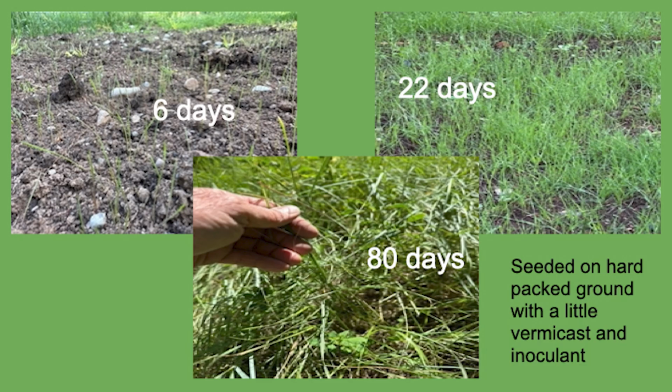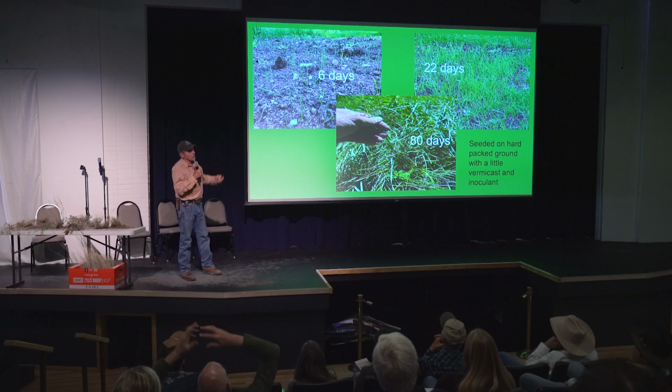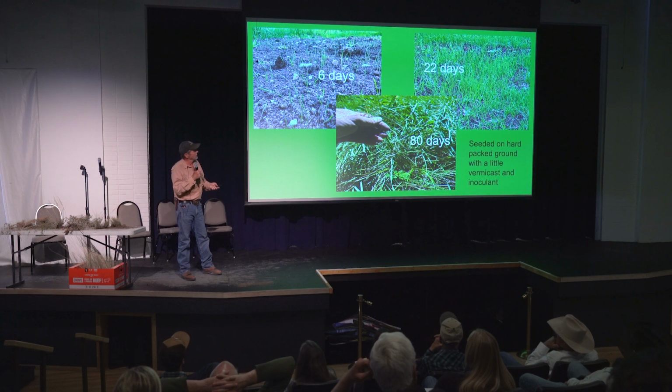So I did some trials this summer trying to push some extremes and see what would grow. This was on really hard packed dry ground that I just sprinkled some seed on, didn't harrow it. Then I took a shovel, threw some vermicast on, then inoculated it with some compost extract and some food that we use to feed the fungi.